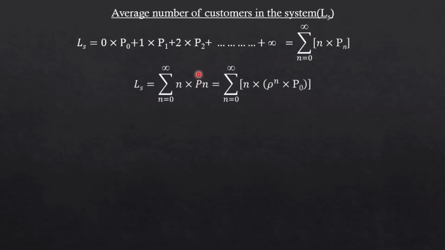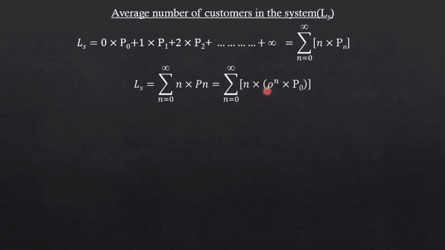Now let us see here that the probability of having n persons can be given by rho power n multiplied by p0. So we have seen this result previously, and this rho is nothing but lambda by mu. So we have seen it in the form lambda by mu to the power n multiplied by p0.